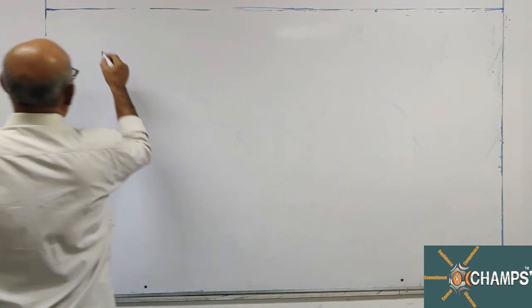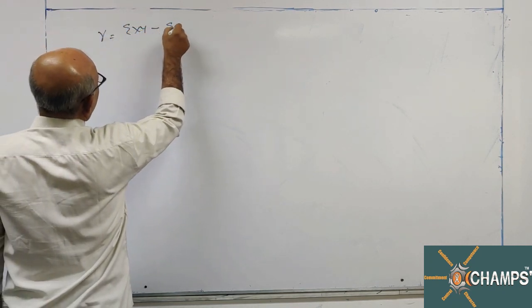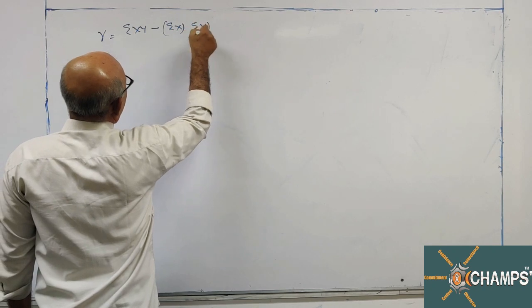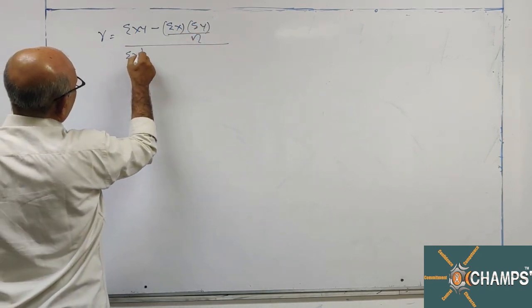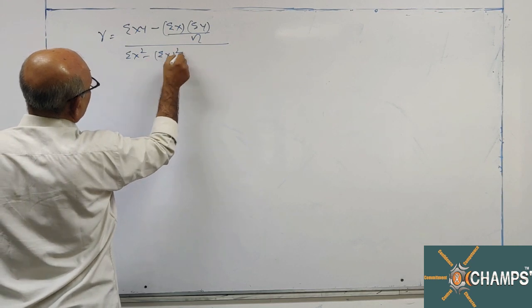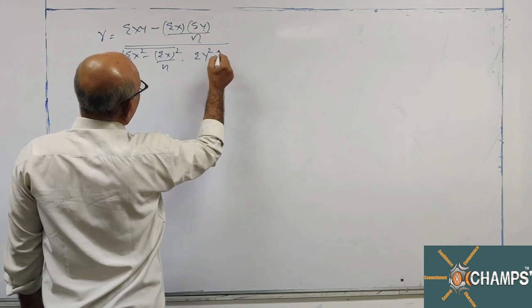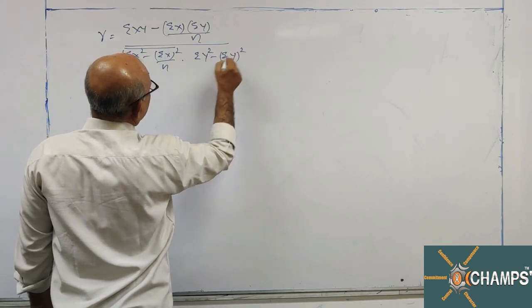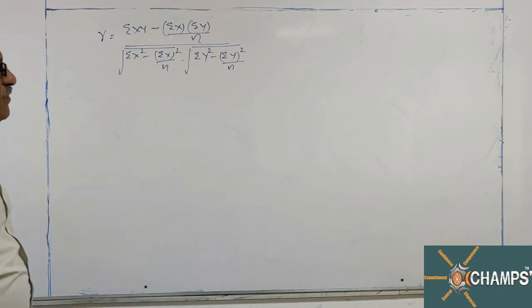Next, there is one more way of representation: summation of xy minus summation of x into summation of y by n, divided by under root of summation of x square minus summation of x whole square by n, into summation of y square minus summation of y whole square by n under root.